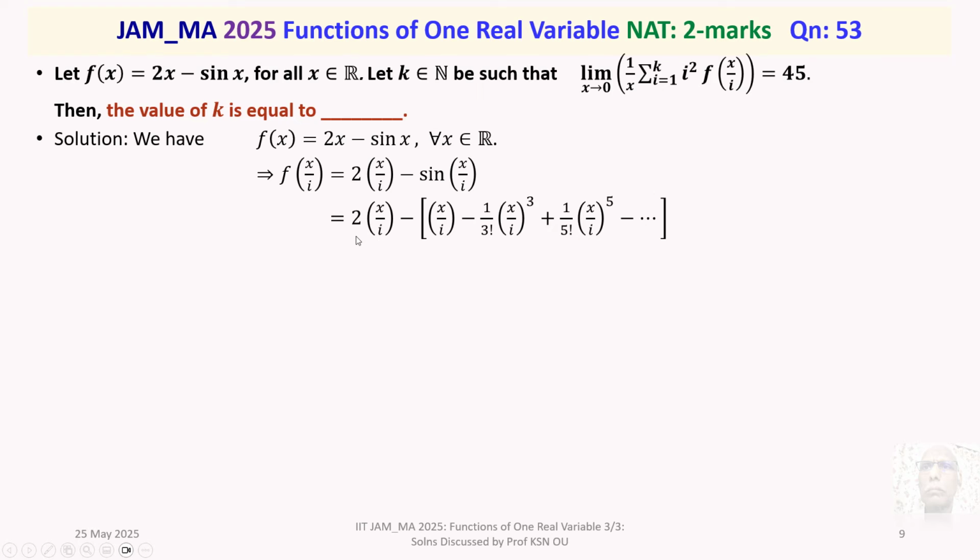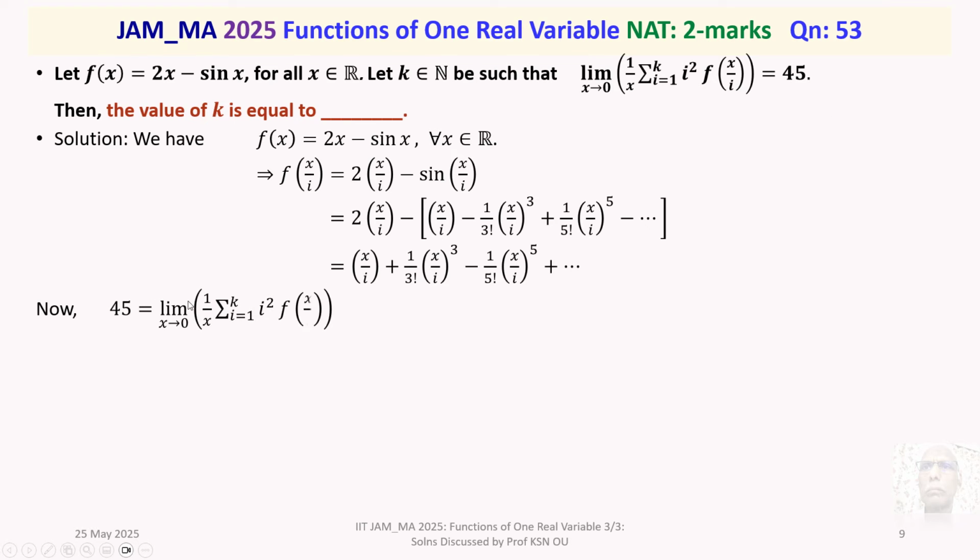But in these, 2 into x by i minus x by i is x by i, plus 1 by 3 factorial into (x by i) whole cube, minus 1 by 5 factorial into (x by i) whole to the power of 5, plus so on and so forth. Agreed. Get back to the limit.